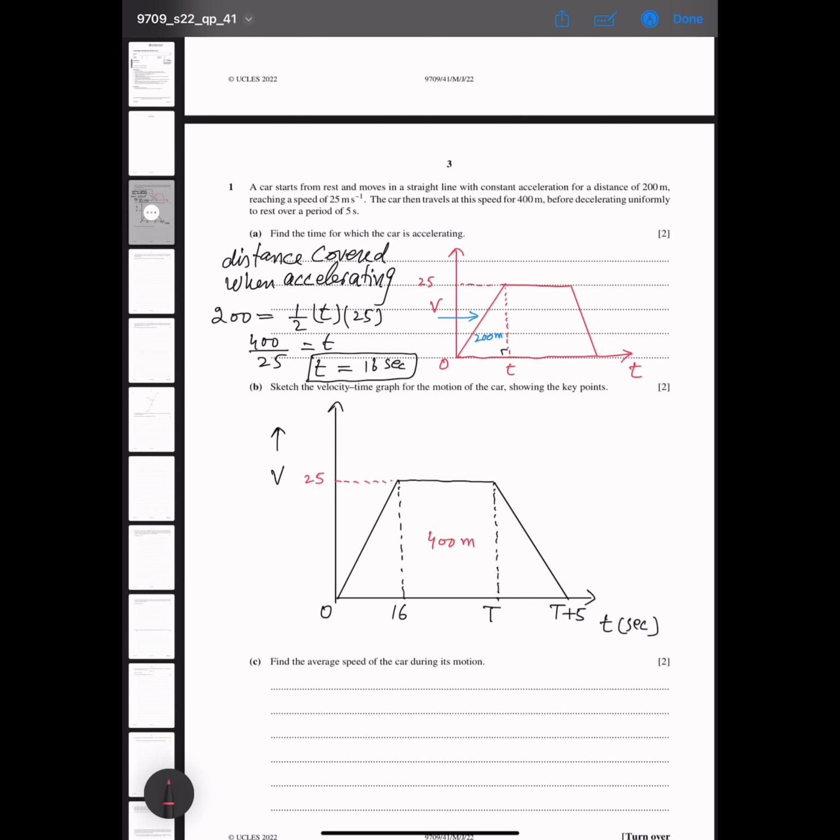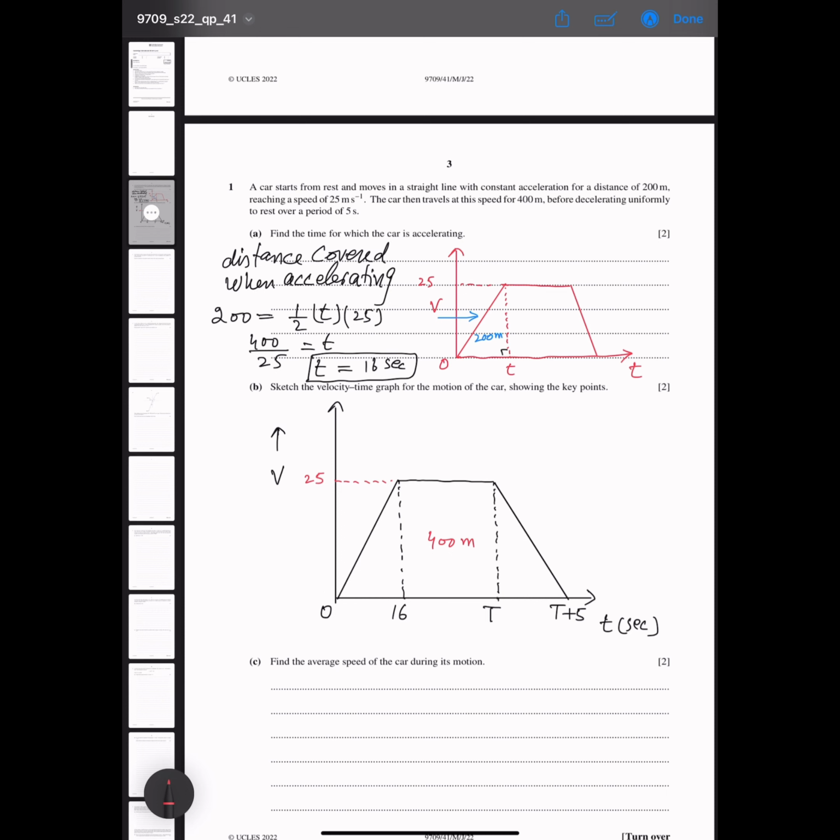We find these values. 400 meters distance, now we can show the area of this rectangle is 400 meters.